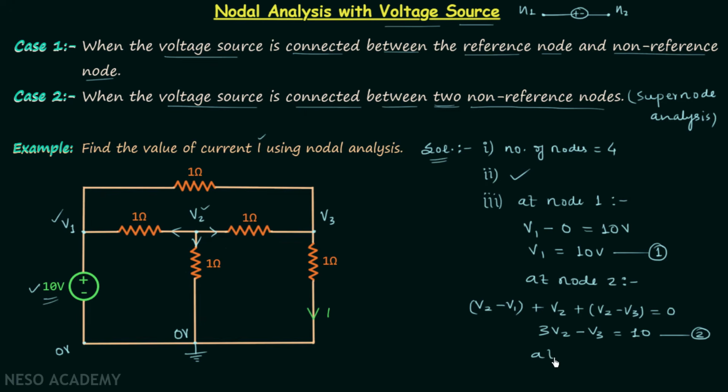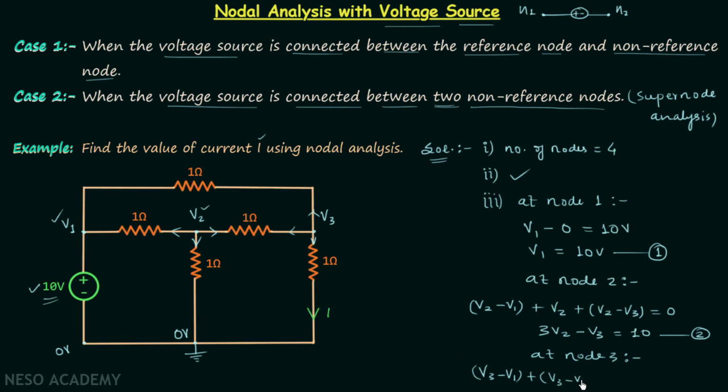Now we will obtain KCL equation at node number 3. At node number 3, these are the currents leaving the node, and sum of these 3 currents will be equal to 0. This current is equal to V3 minus V1 divided by 1. So simply we have V3 minus V1 plus this current, it is equal to V3 minus V2 divided by 1.